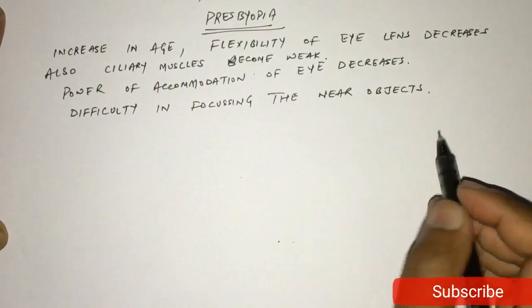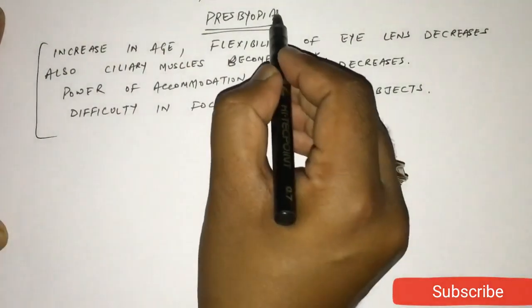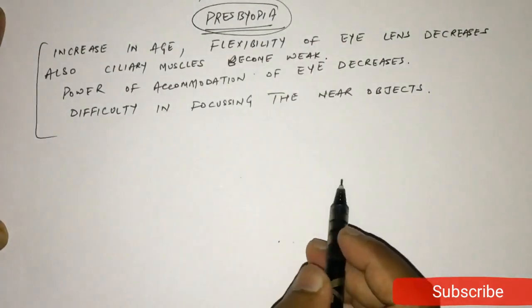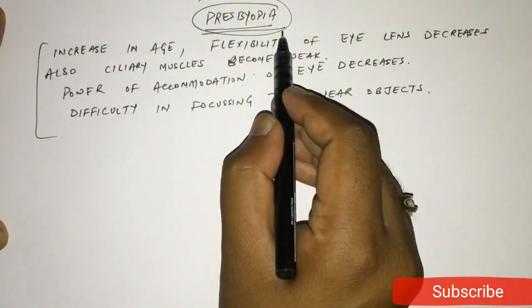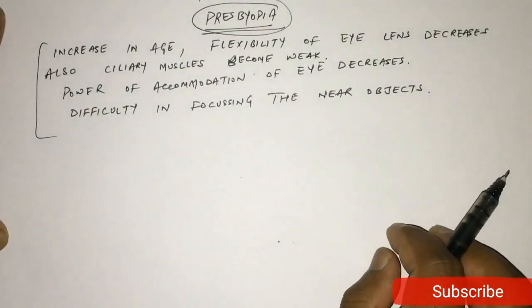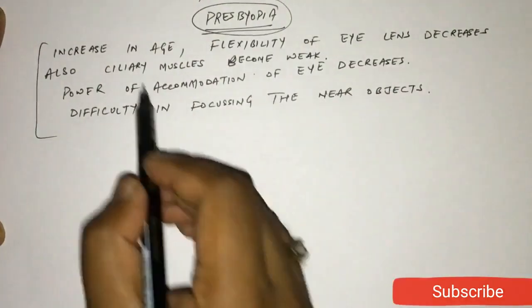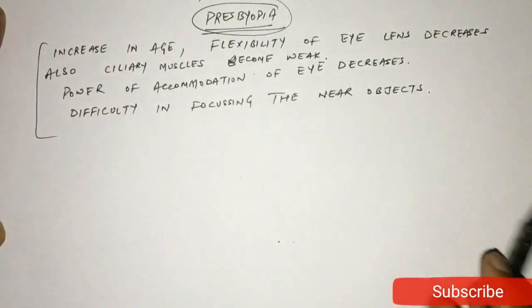This old age defect is known as presbyopia, in which the old age person finds difficulty in focusing the near objects, because the flexibility of eyelids decreases and the ciliary muscles become weak.